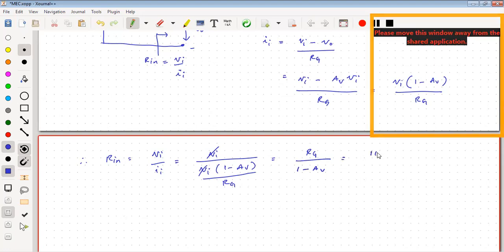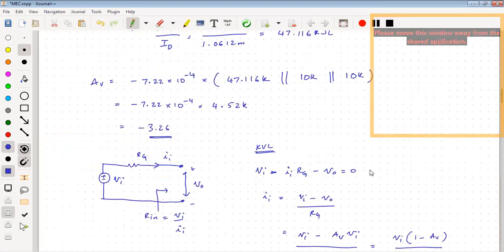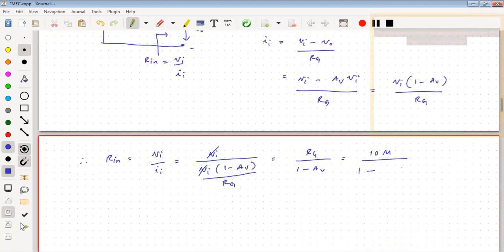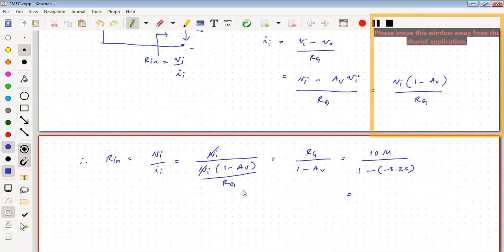Rg value is 10 mega ohms divided by 1 minus Av, which is minus 3.26. So calculate this: 10 divided by 1 plus 3.26.